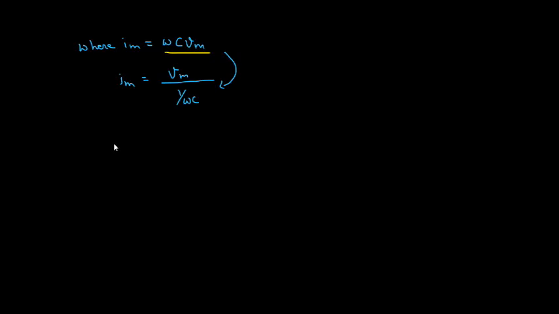Now comparing it with Im is equal to Vm upon R for a purely resistive circuit, we find that 1 by omega c plays the role of resistance.